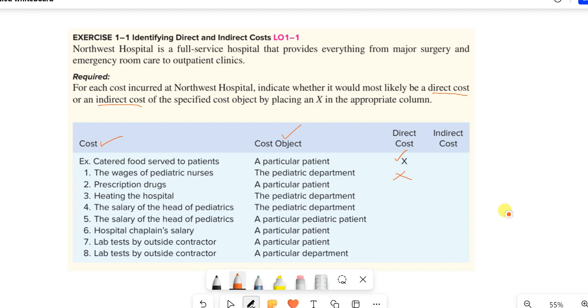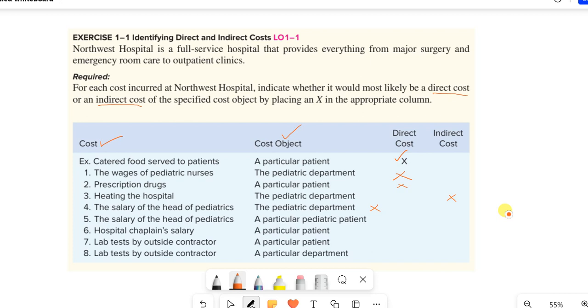Prescription drugs to a particular patient, of course it's a direct cost. Heating of the hospital to the pediatric departments is indirect cost. The salary of the heads of the pediatric departments, it's a direct cost.